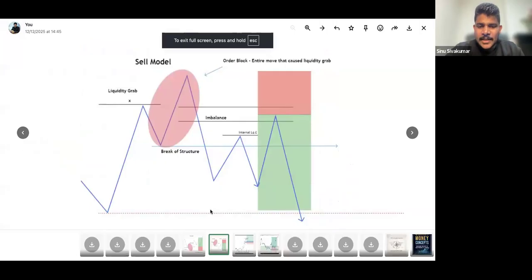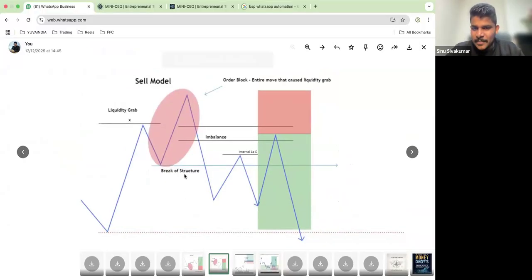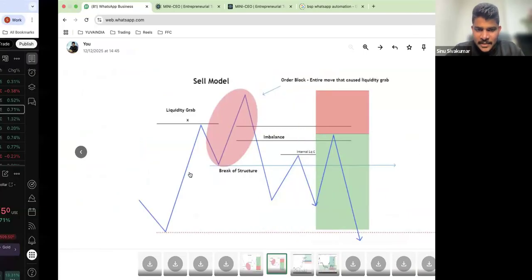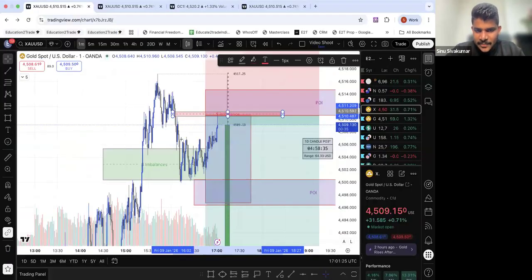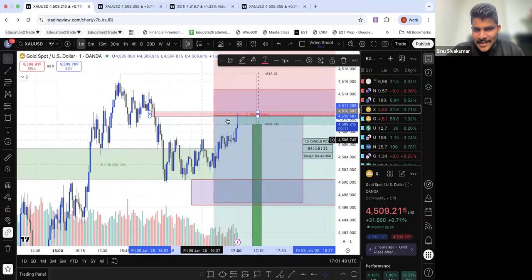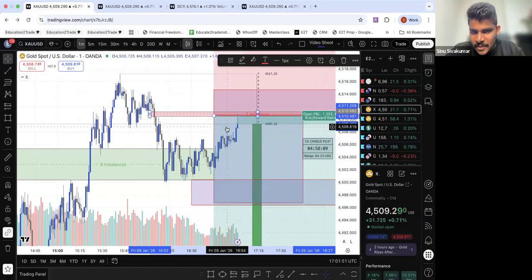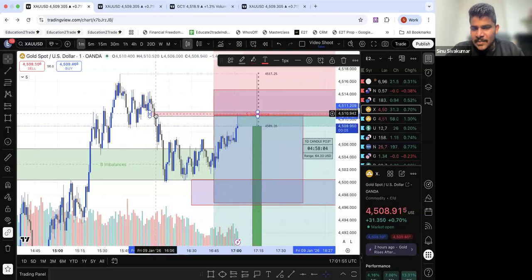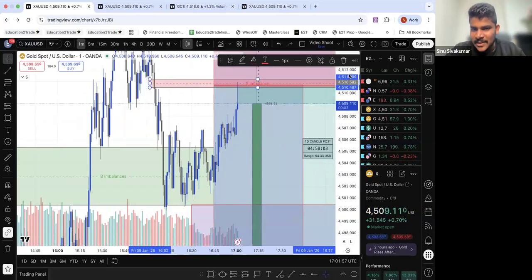I think it's good, at least we have got one sample to share. So we have a liquidity, and the structure has grabbed the liquidity, and we have an internal structure. The structure has broken, and it also provided an internal liquidity. Let's see if we have an internal liquidity here. Yes, we have an internal liquidity, and then price tried to push upside within the sell side imbalance, which formed within that area.